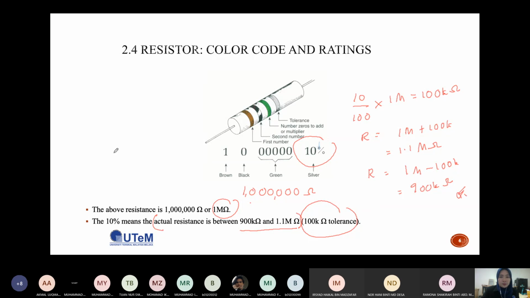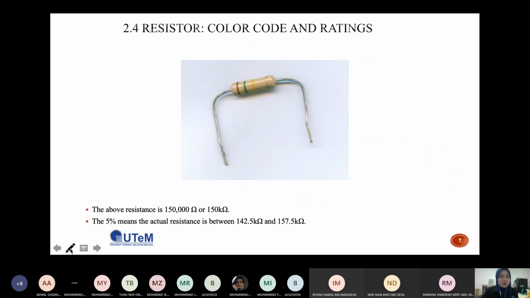Another example. This is the resistor. The first band here is brown, so brown is 1. Green is 5. Yellow is 4, so you need to add 4 zeros.